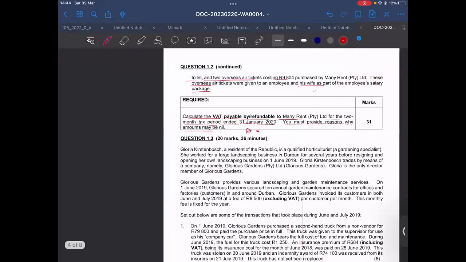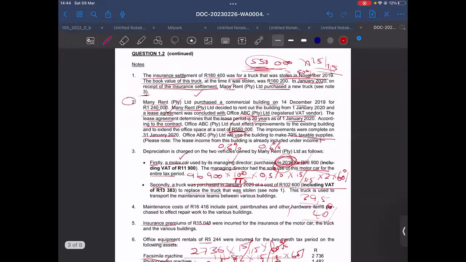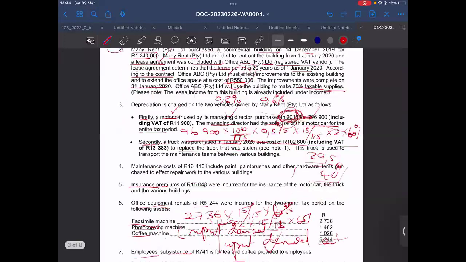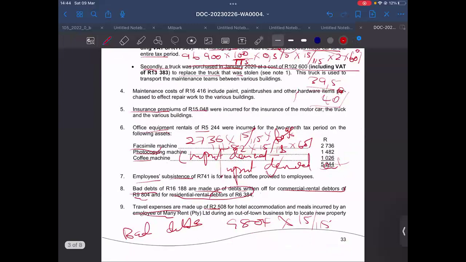Read the story and understand it. The business trip is an expense in normal business activity.